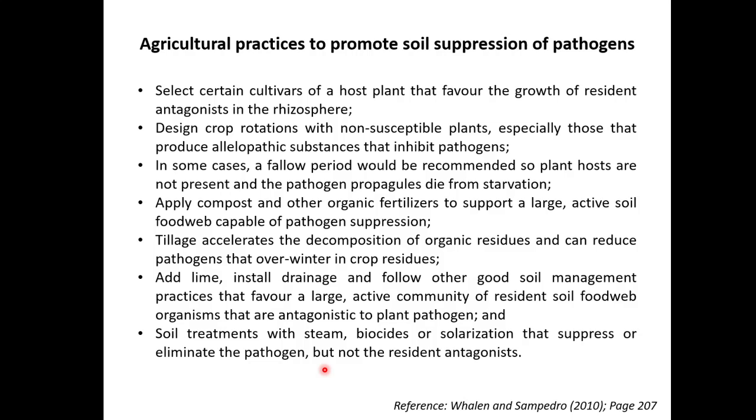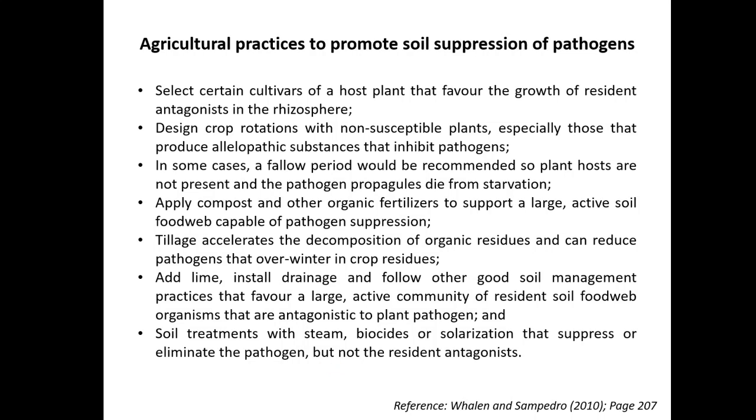So the agricultural practices described before, together with resident antagonists, lead to the partial suppression of the pathogen population. Okay, so you can pause this video and read how producers or farmers can manipulate agricultural practices to favor pathogen suppression.